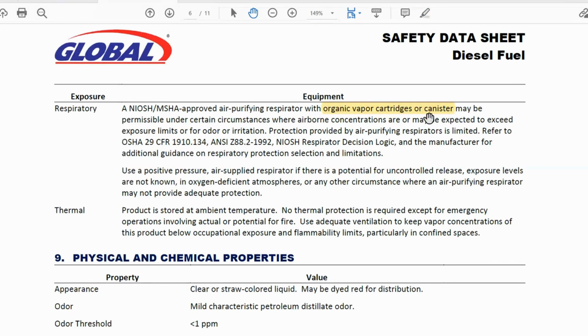Do you know what that is or not? I think we're going to discuss this later. We discuss it later, then we'll look at it. So you've got to use an organic vapor cartridge or canister. That's the minimum you have to use.